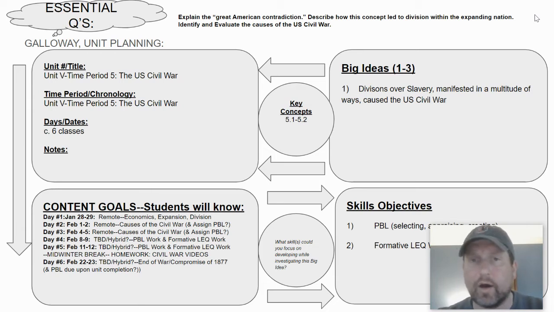So the focus of this unit, 1844 to 1877, is really nothing more than a focus on the Civil War itself. It's interrupted by our midwinter break. I'm going to give you probably some videos that I think are really good over midwinter break. I've got a project rolling around in my head for this unit, and I think we're going to work on an LEQ as a more traditional formative assessment for this unit as well.